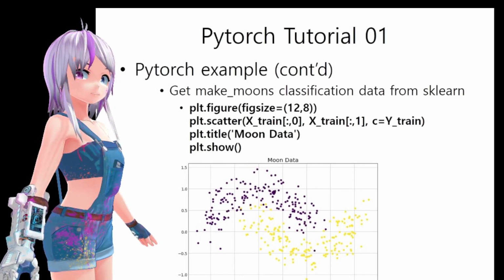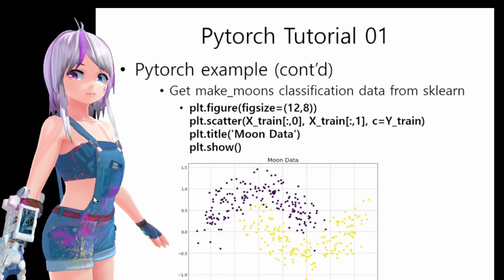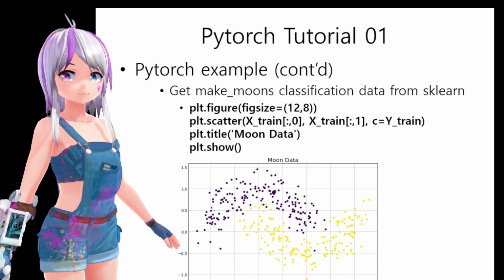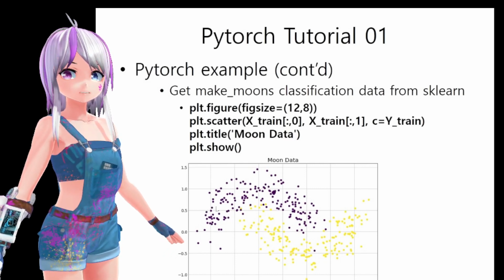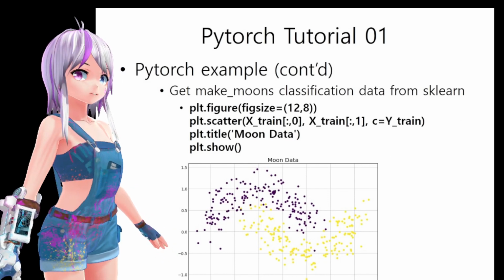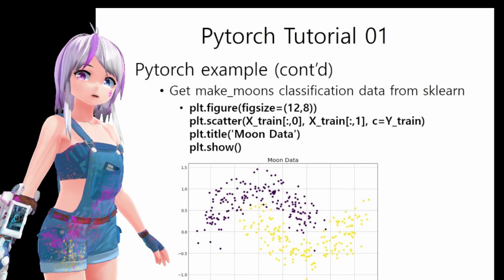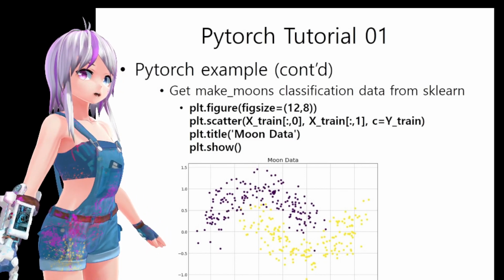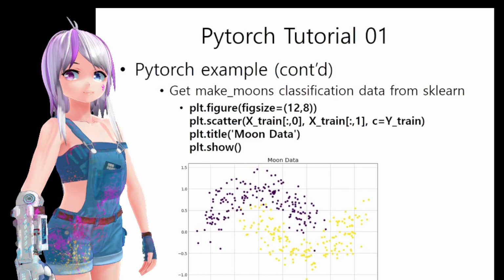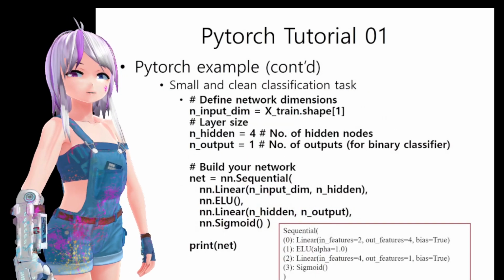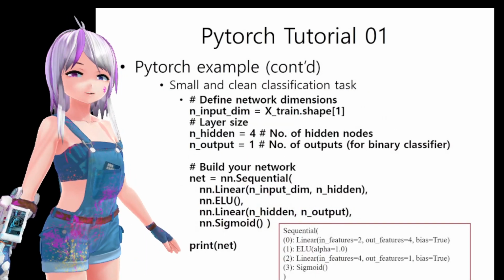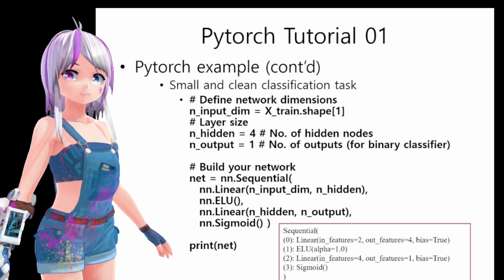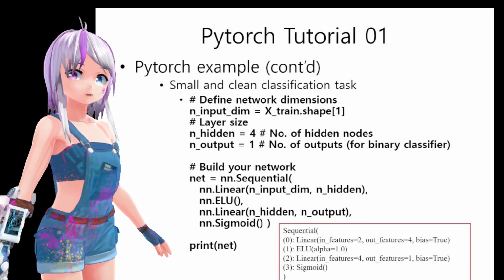Okay, so it's scattered between minus 1.5 up to 2.5 for X data, and Y data is scattered also from minus 1 to plus 1.5, etc. Okay, so we need to do some small and clean classification task, not a complex one. So this is just a tutorial.